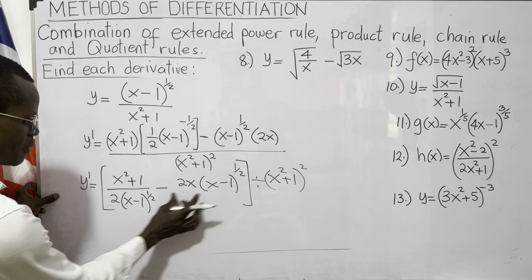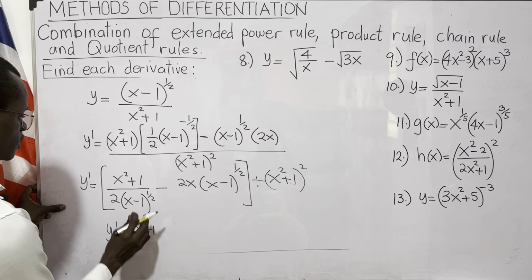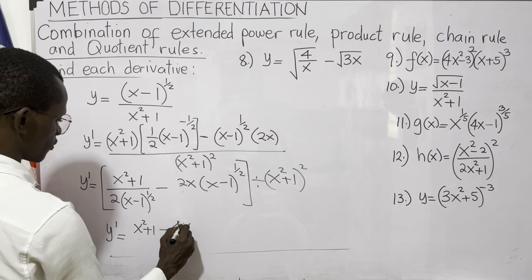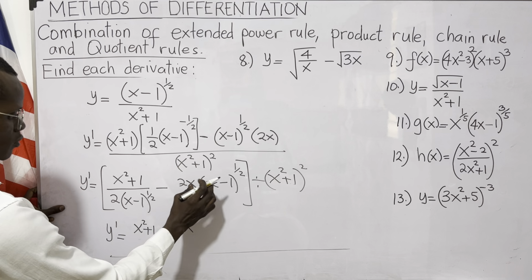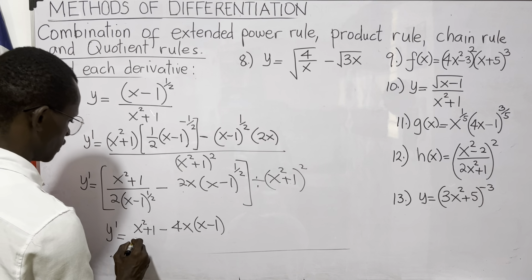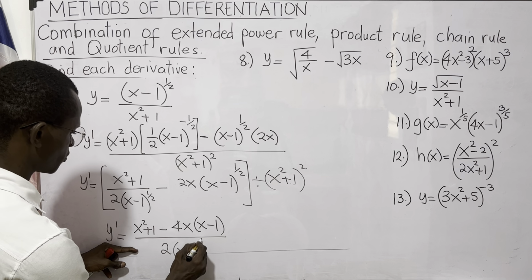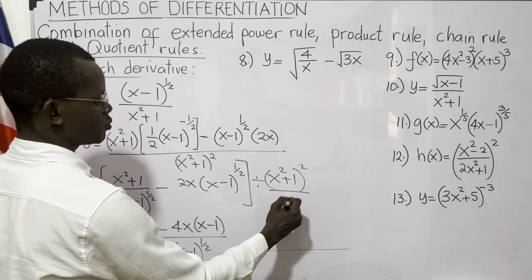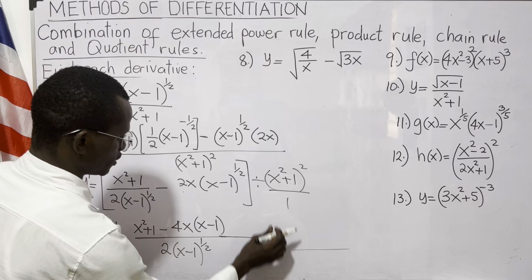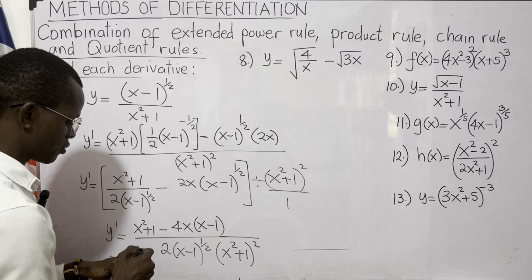So if we just multiply this by this, we're going to have x squared plus 1, 2 times 2, that is 4x. And then this radical times this radical, we take the radicand, which is x minus 1, divided by this denominator, which is 2 times x minus 1 raised to the power 1 over 2. And then we reciprocate this and change the sign. So what will we get if we reciprocate this? This will go in the denominator, so it becomes x squared plus 1 raised to the second power.